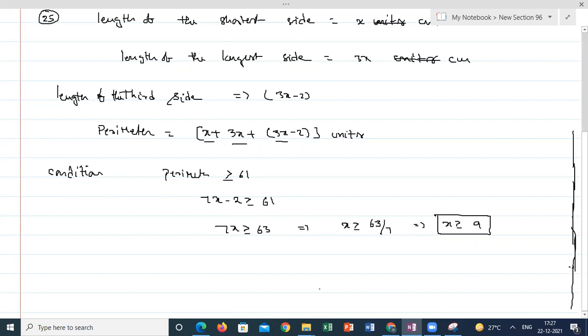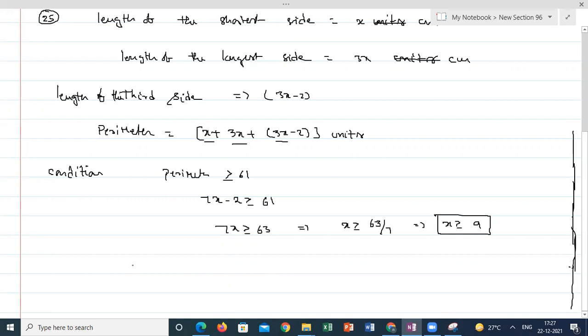Be careful at this point, the conclusion statement is a little different. What is the least possible length of the side which satisfies this situation? The value must be greater than or equal to 9, so out of all these solutions, the least value is 9.